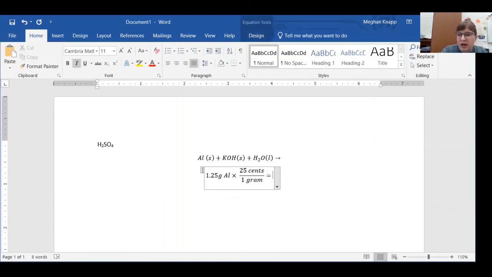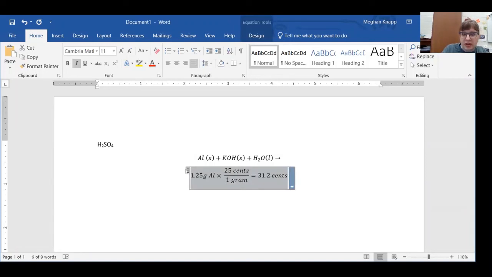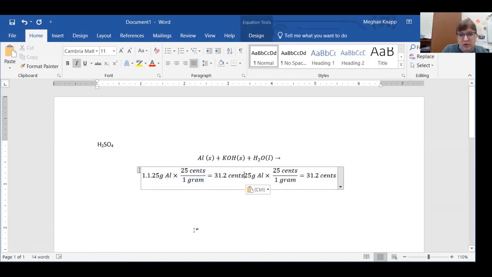So that's how you can use the equation editor, and you can do this within your document, or generally you can just copy this whole thing and then paste it wherever you want it to go. That can be a way you can do that.